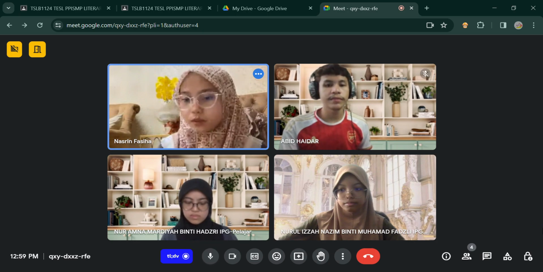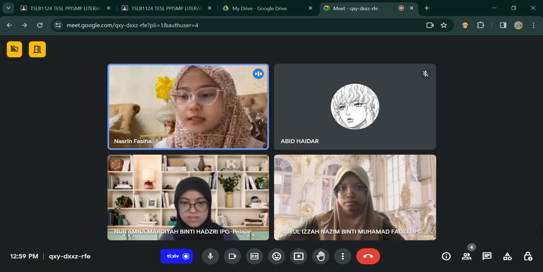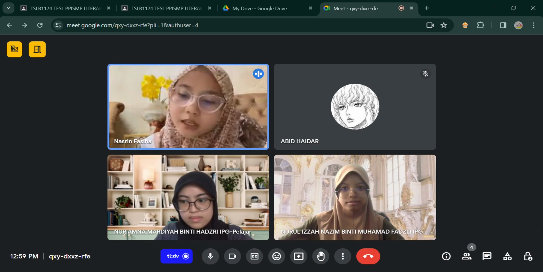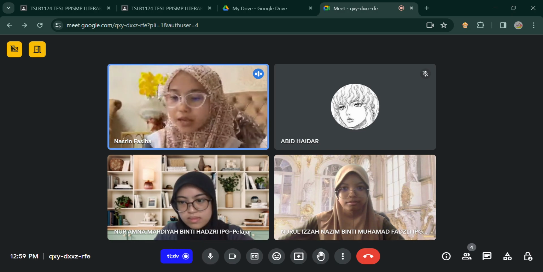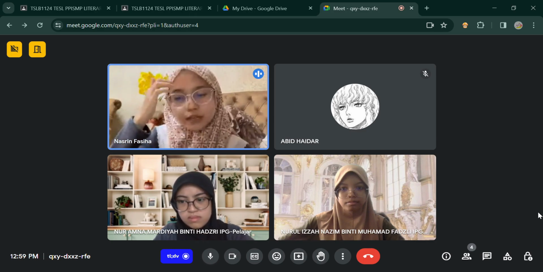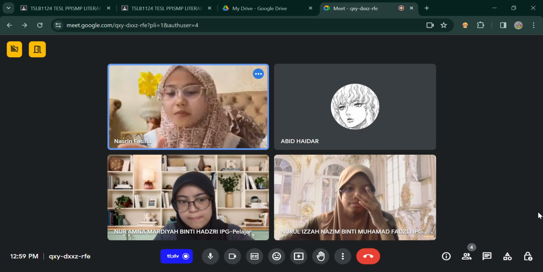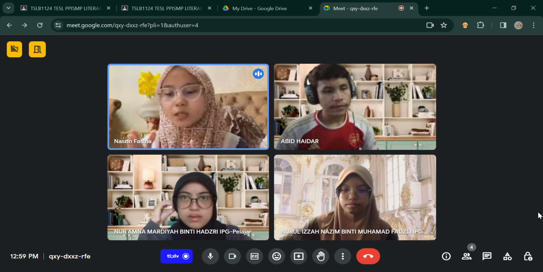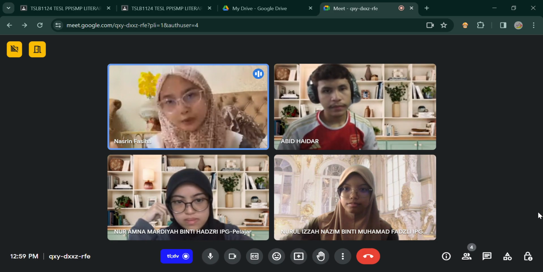So the next example I can give about metaphor is she's got a heart of gold. Her heart is not gold, but this metaphor explains how kind she is by saying she's got a heart of gold.